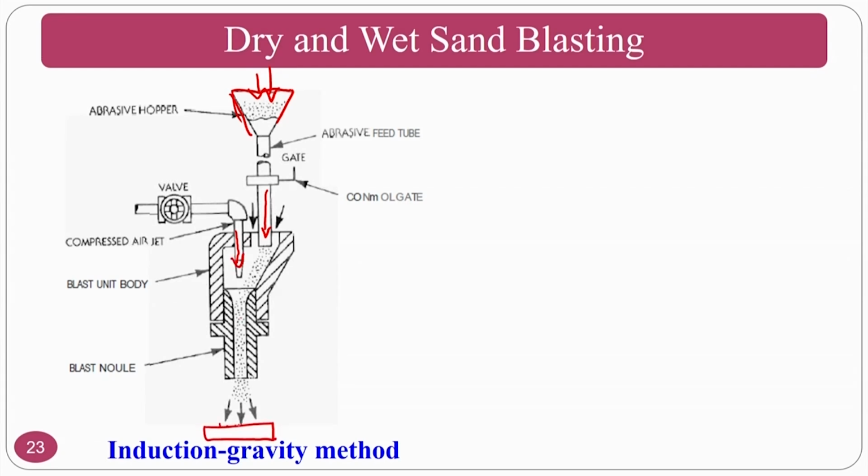So it will be blasted on this one, so that you can get a good surface finish, or if I want to remove certain unwanted layers like rusting layers, you can remove them. But in case of rust layer removal, you have to use the nozzle at a certain angle. Those also we will see in the upcoming slides.